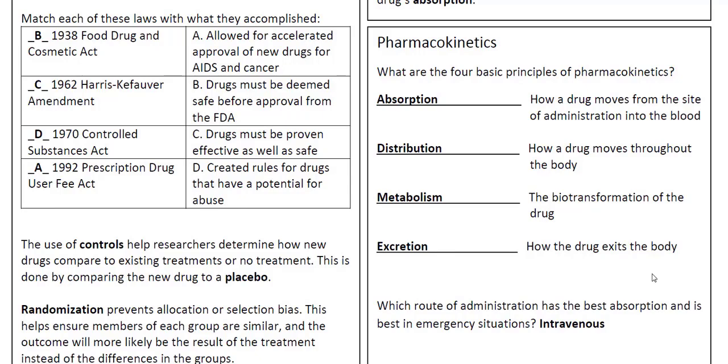Parenteral routes of administration include intravenously, or IV, intramuscularly, or IM, or sub-Q, subcutaneously, or under the skin.